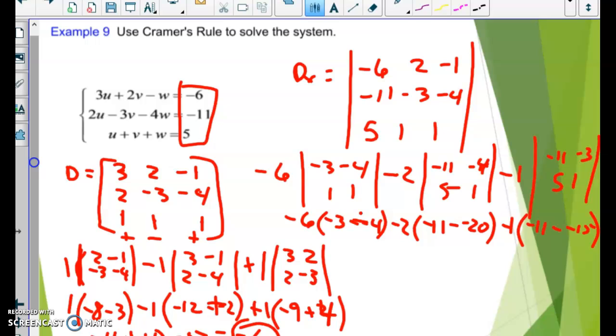And that becomes positive, that becomes positive, that becomes positive. And so I get negative 6 times 1 is negative 6. I get negative 2 times 9 is negative 18. And I get negative 11 plus 15 is 4 times negative 1 is negative 4. And so I get negative 28.